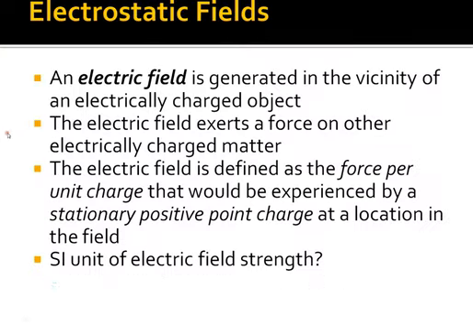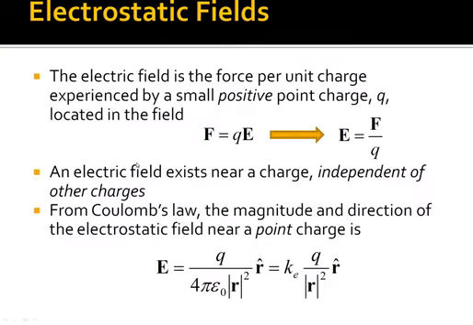So the electric field essentially tells us how much force would be exerted per unit charge if we add a small charge into a system. This electric field exists near a charged object, and it's independent of that small charge. The electric field still exists even if we don't put a charge there.